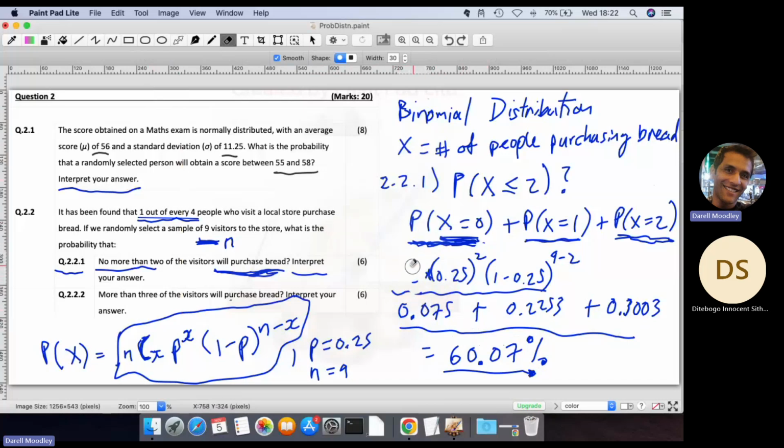It's asking what's the probability that no more than 2 of the visitors will purchase bread. So all you're going to say is the probability that no more than 2 of the visitors will purchase bread is 60.07%. It's as simple as that. Whatever answer you get, just interpret it by providing a statement. All right. So that's 2.2.1.